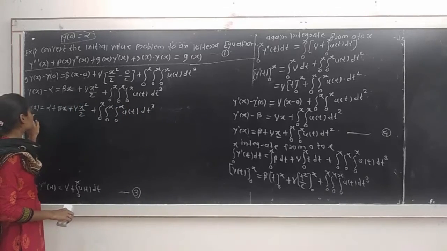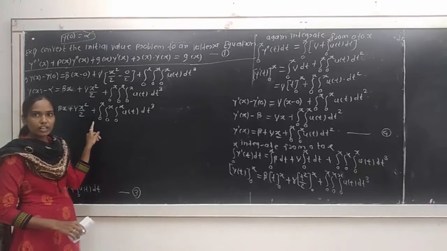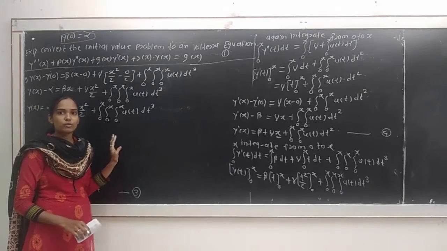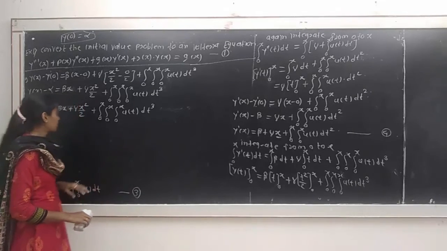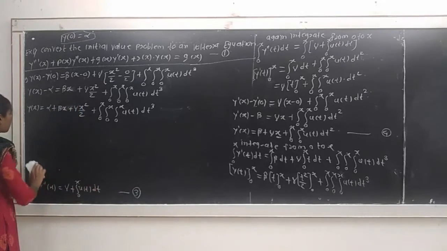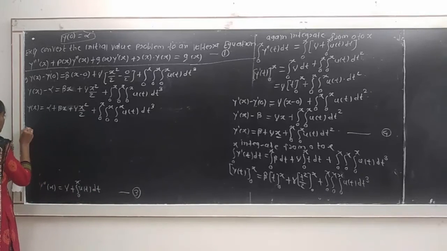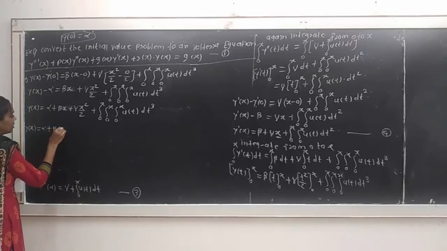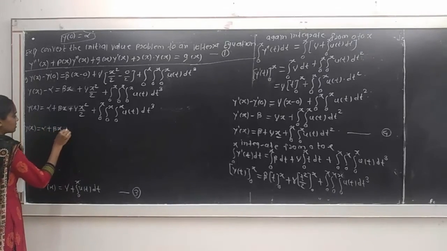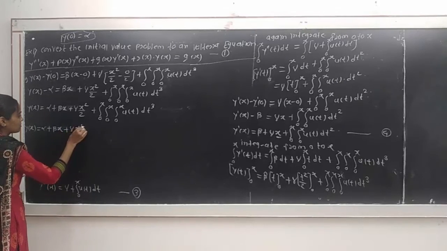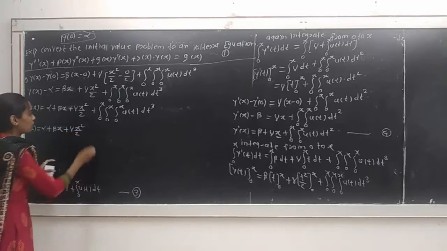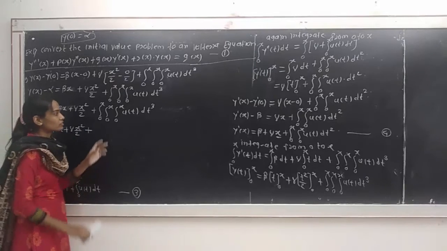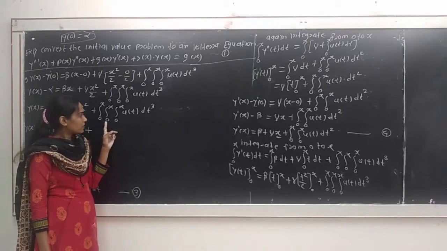If we observe this equation, this is the Volterra equation. Therefore, we stop the procedure of integration and we can write it as y of x is equal to alpha plus beta into x plus gamma x square divided by 2 plus a triple integral.